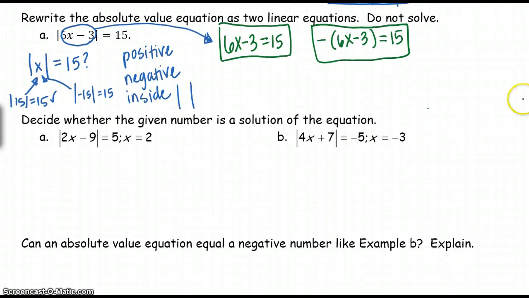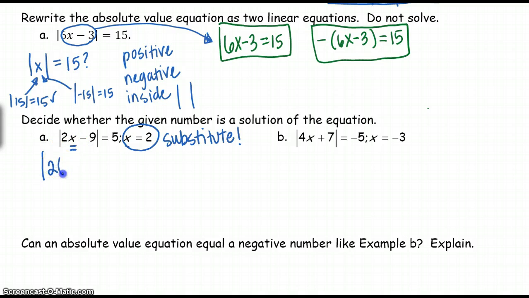So let's move it down here. It says, decide whether the given number is a solution of the equation. They're telling us that x equals 2. So what we're going to do is substitute it in. Where I see the x here, I'm going to substitute in a 2. So 2 minus 9, and we want to know, does it equal 5? I tend to put a little question mark there because I'm checking it, so I don't know if it equals 5.